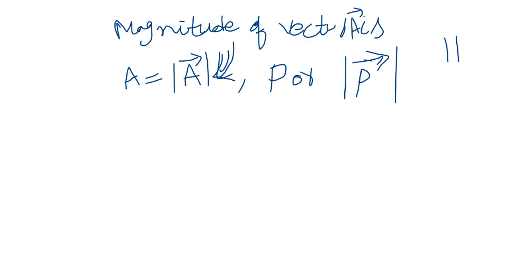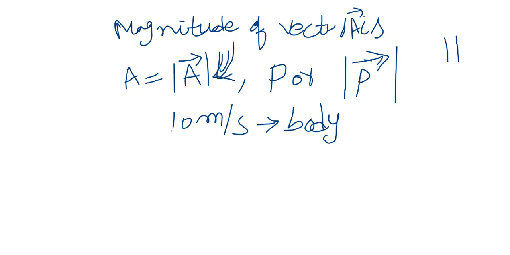Next one is a body moves with 10 meter per second. An object or body moves 10 meter per second. Meter per second is the unit of velocity.